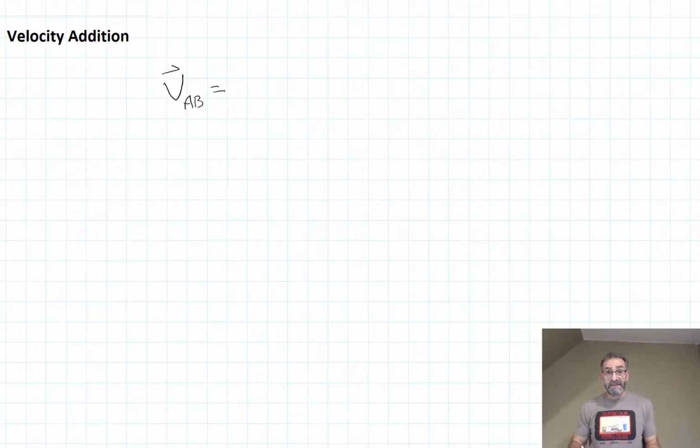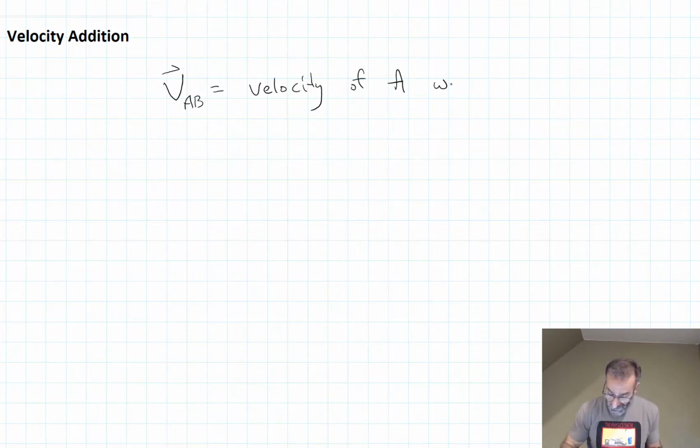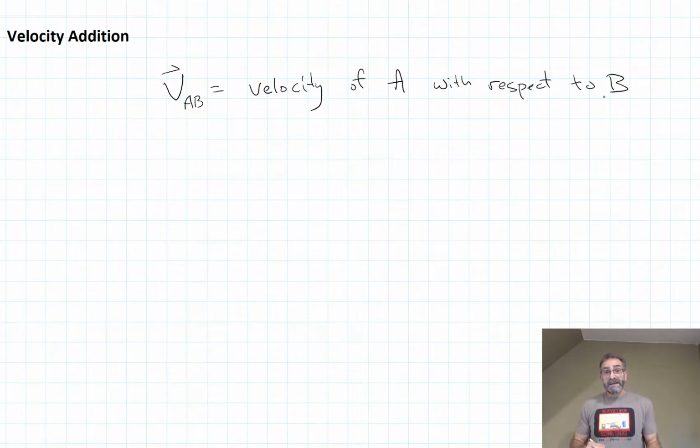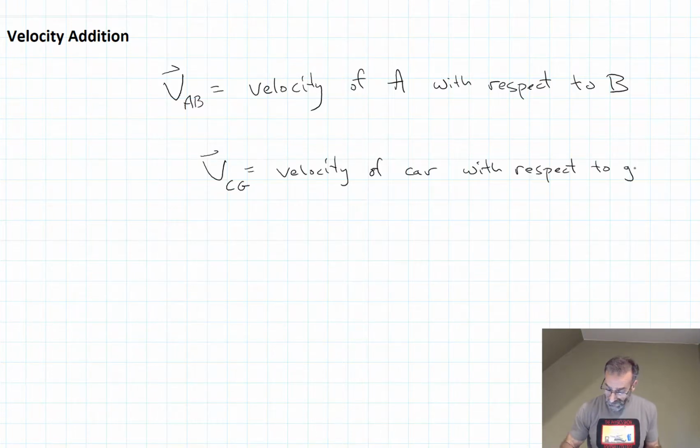A quick note about nomenclature. I'm going to use subscripts to indicate how the velocity is being measured and who with respect to what. So when I write it like this with these subscripts AB, it means I'm measuring the velocity of A with respect to B. So if I was measuring the velocity of a car with respect to the ground, I would write it like this.